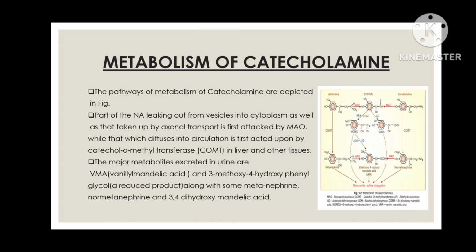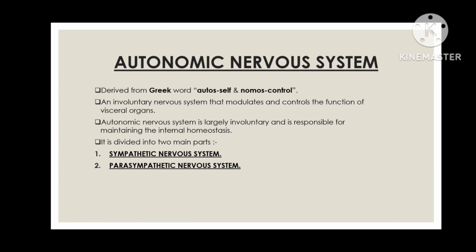The major metabolites excreted in urine are VMA and 3-methoxy 4-hydroxyphenyl glycol, along with some metanephrine, normetanephrine, and 3,4-dihydroxymandelic acid.